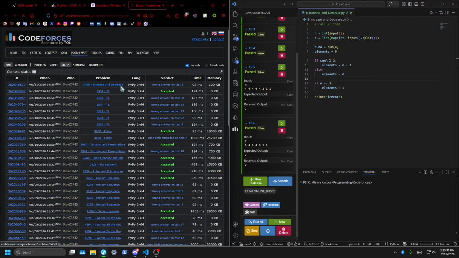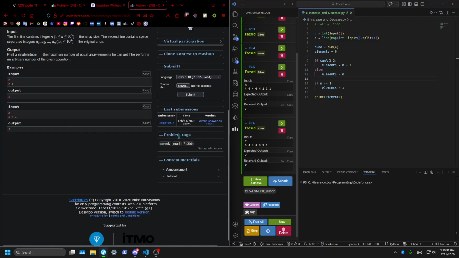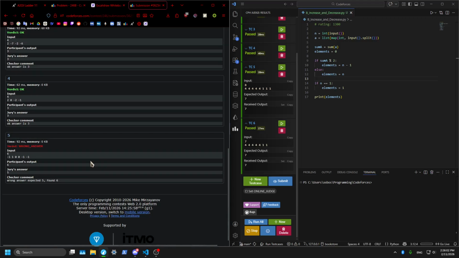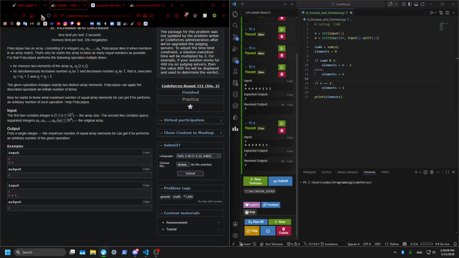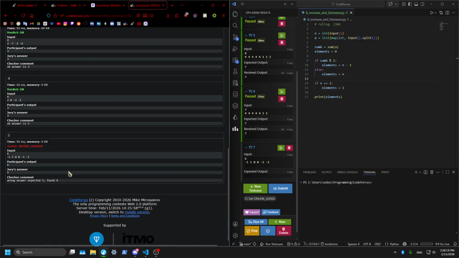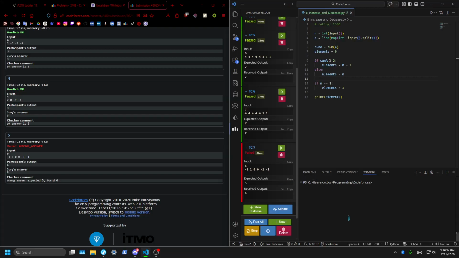Wrong answer on test case 5. Okay, so there can be negative numbers. Absolute value of it. Okay. Yeah, I should have looked at this better. Your answer is 5. What am I getting? 6.